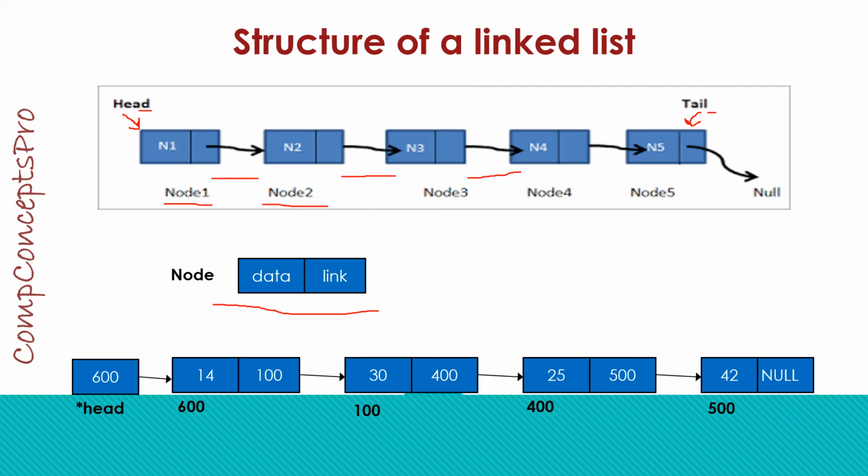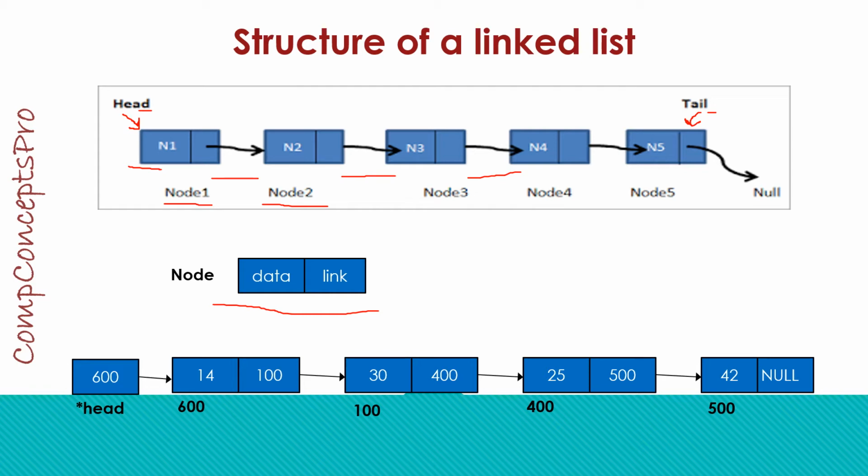So what do this pointing and pointers actually mean? Pointers store the address of the next node. Like the head pointer stores the address of this first node. That's why we say that head is pointing to the first node. That means the head pointer is storing the address of this first node in the memory.